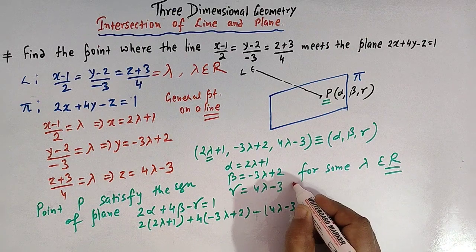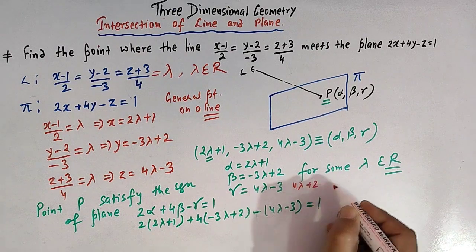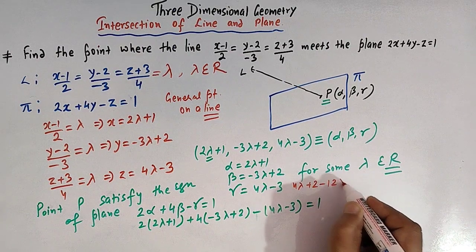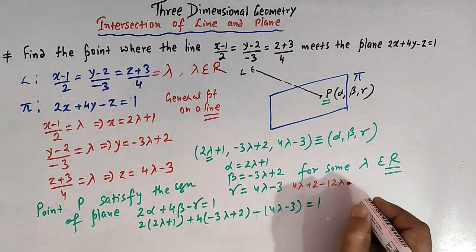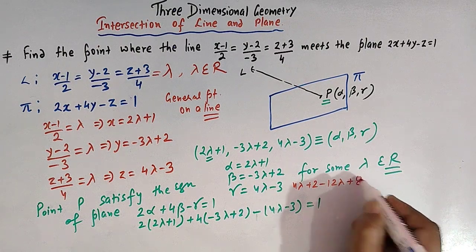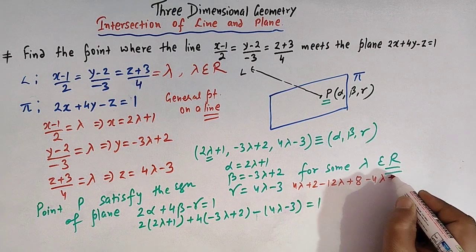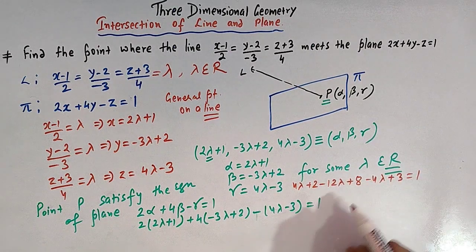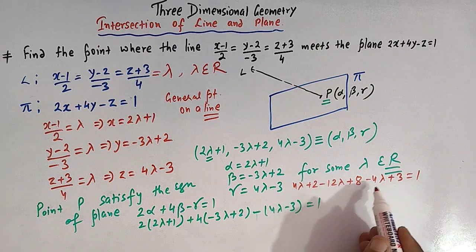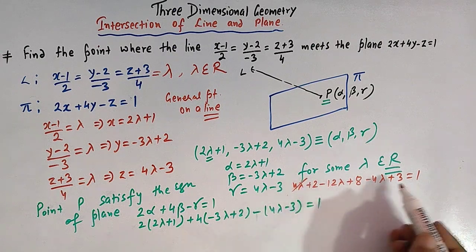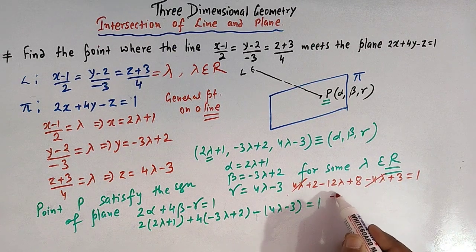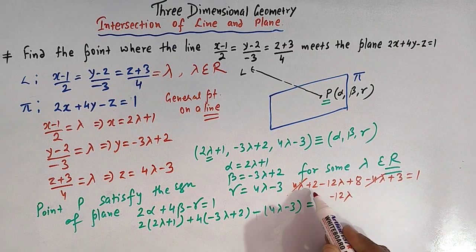So we can write 4 lambda plus 2, then minus 12 lambda here, 4 times 3 is 12, and we have 8 here, then minus 4 lambda plus 3 is equal to 1. Now we'll collect the terms containing lambda. So 4 lambda and minus 4 lambda get cancelled. Here we have minus 12 lambda.